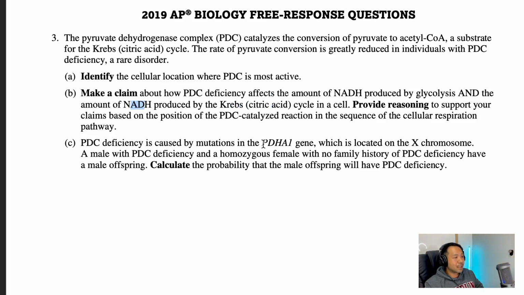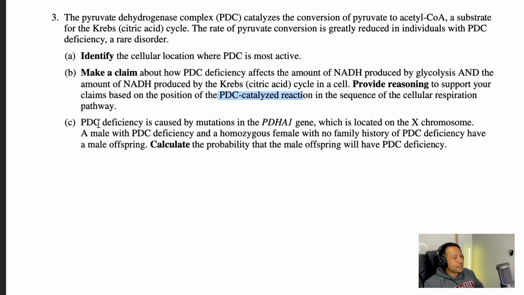That ultimately reduces the amount of ATP being produced, and that would be why this is a problem for people with this disorder. And the reasoning is, as I mentioned, the positioning of this reaction. It's downstream of glycolysis, but upstream of the Krebs cycle, and that would be one of the best ways to think about it.